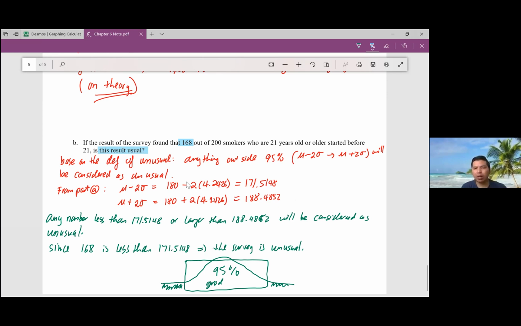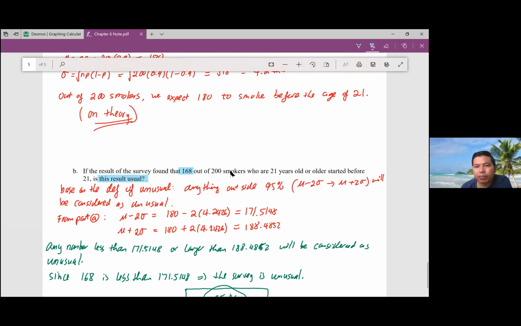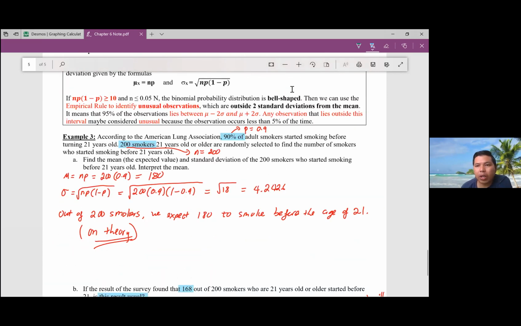If not, then it is unusual, okay? Now, will mu minus 2 sigma and mu plus 2 sigma work even if the distribution is not bell-shaped? No, it only works when it's bell-shaped. That's why it's very important that we stick to the empirical rule.